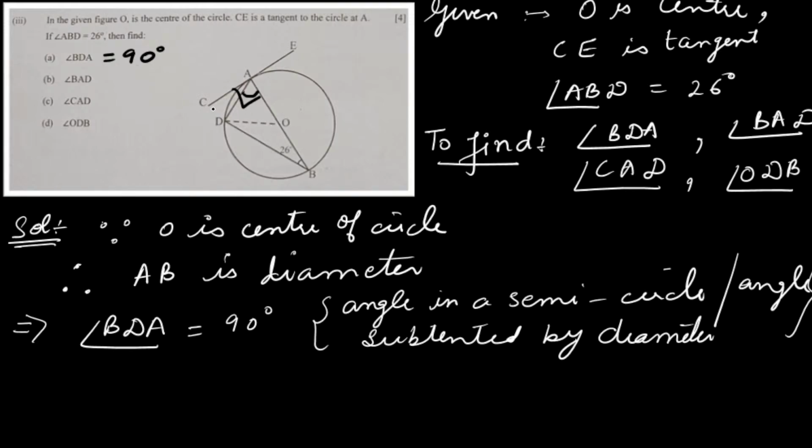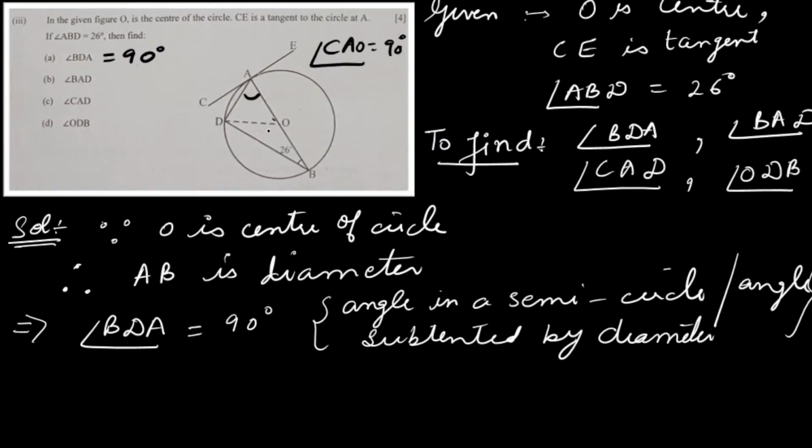This full angle CAO will be 90 degrees, since radius and tangent are perpendicular. But BAD and CAD are not equal to 90 degrees. I hope this is clear. Radius and tangent are perpendicular, because of that this angle will be 90 degrees. Now we are not finding this one, we are finding this one.